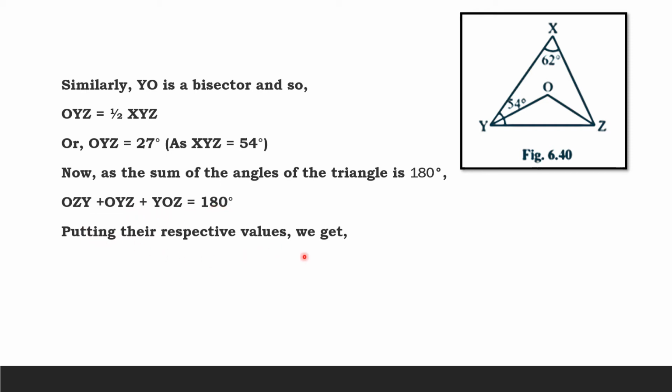Putting the respective values we have found, YOZ becomes 180 degrees minus 32 degrees. The measure of OYZ we found as 27 degrees and OZY as 32 degrees. Subtracting, we get the measure of YOZ as 121 degrees. Therefore, the measure of angle YOZ is 121 degrees.